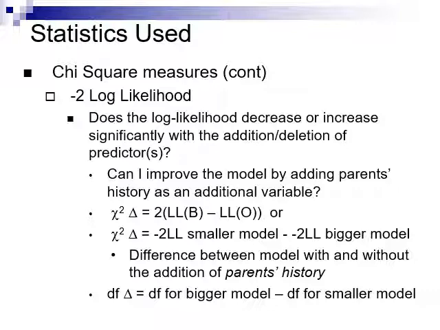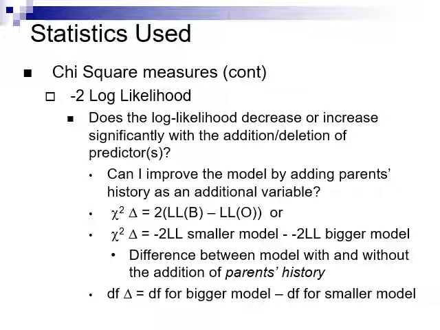So again, if we're wanting to compare two models, we're looking at a delta, a change in the model's strength. The strength being measured by -2 log likelihood. And the way we calculate that is we'd take the -2 log likelihood of the smaller model, the model with fewer predictors, minus the -2 log likelihood of the larger model with more predictors.